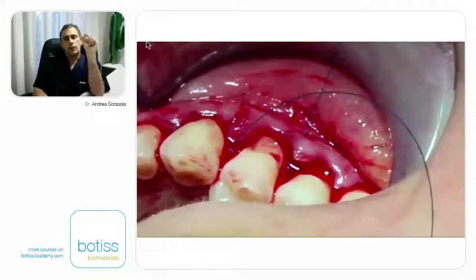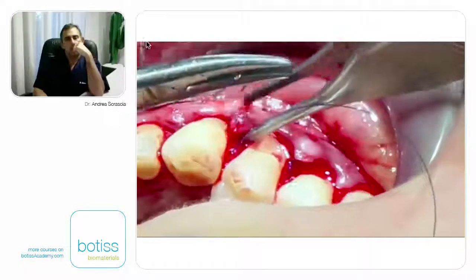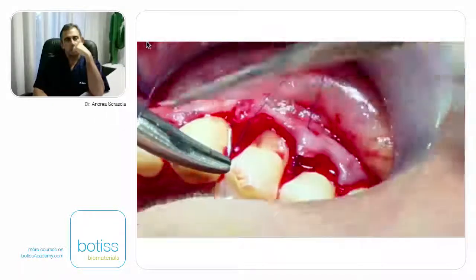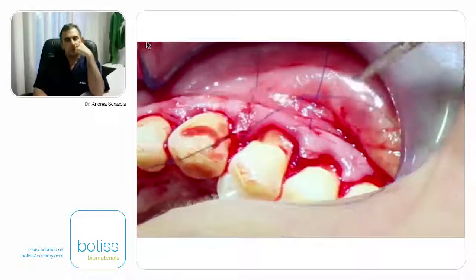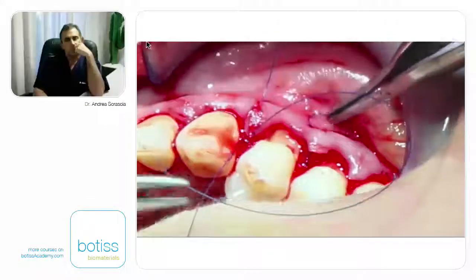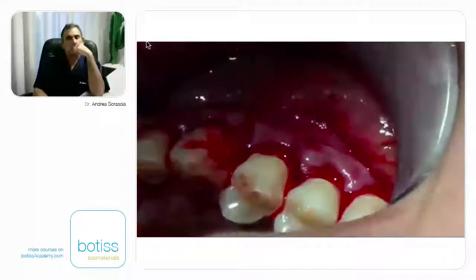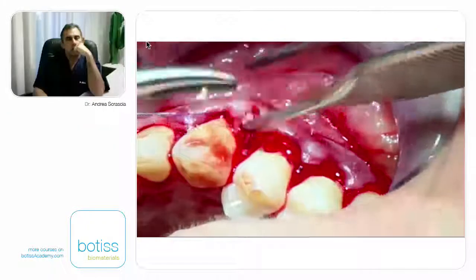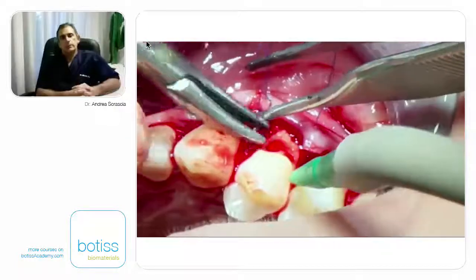Then you engage outside the surgical papilla. And now you engage the clinical papilla.